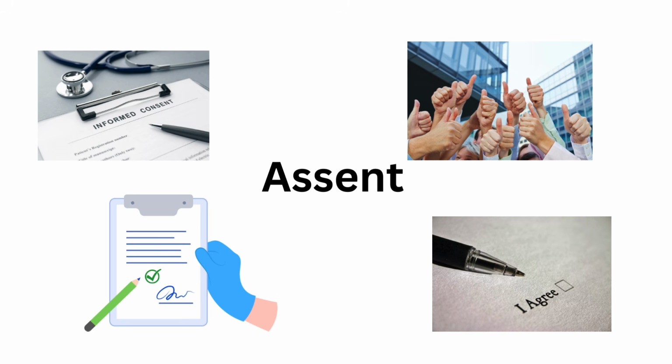You can see the thumbs up right here on the word agree. Another way to remember is that many times when you're in the hospital, you have to sign consent forms that you're agreeing to, saying that you are consenting to whatever is going to be done or the procedures.